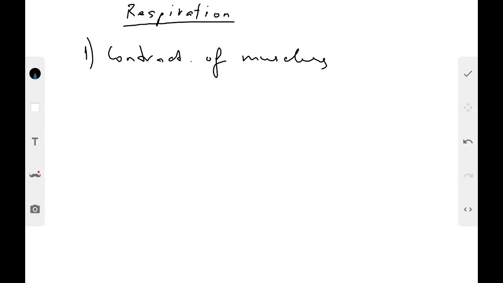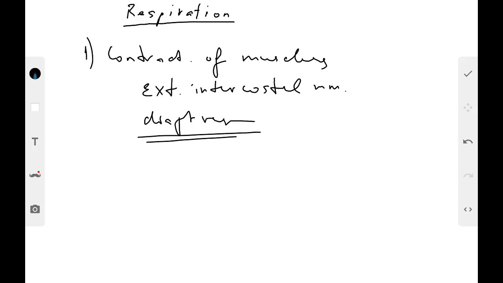What muscles should be mentioned in this question? It is external intercostal muscles. Diaphragm, a very important muscle for inspiration, and some other muscles.